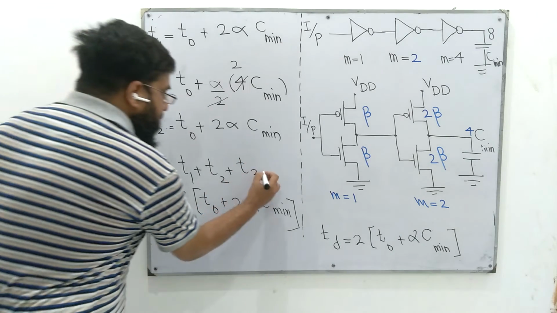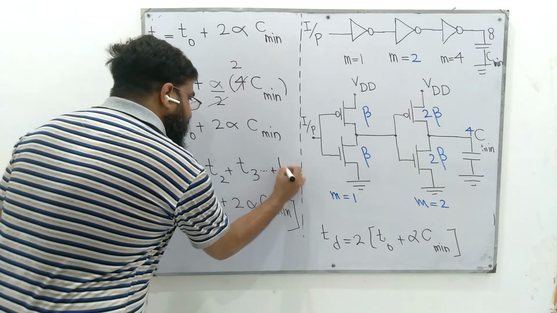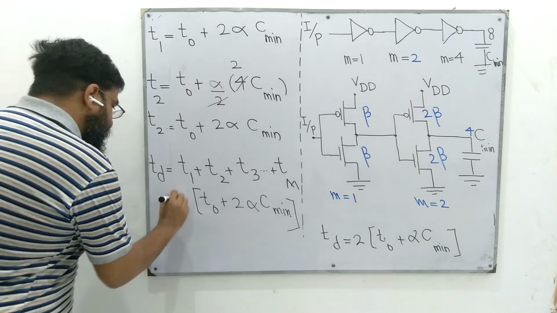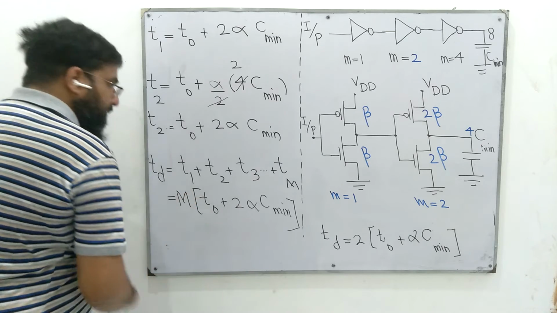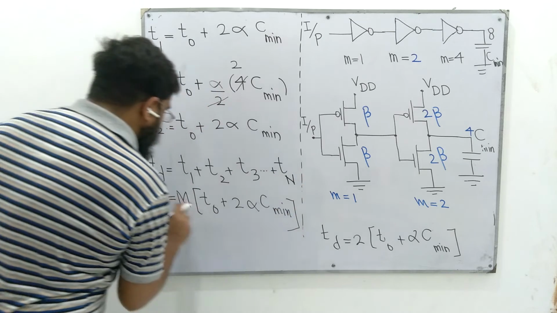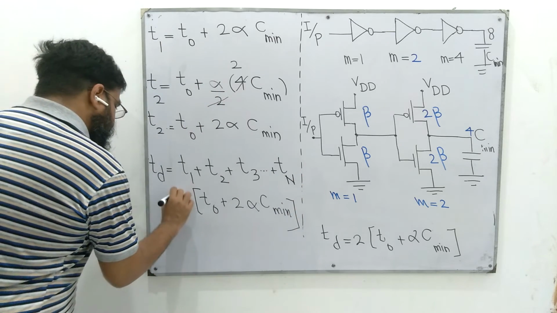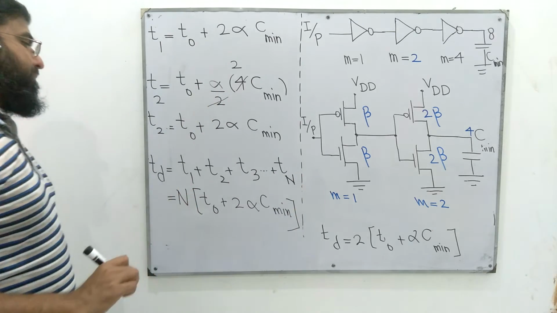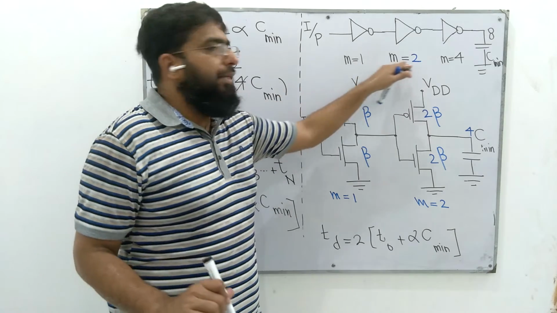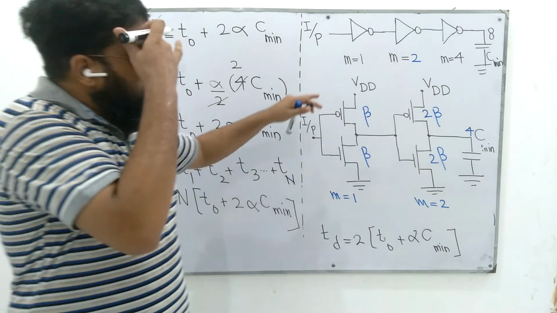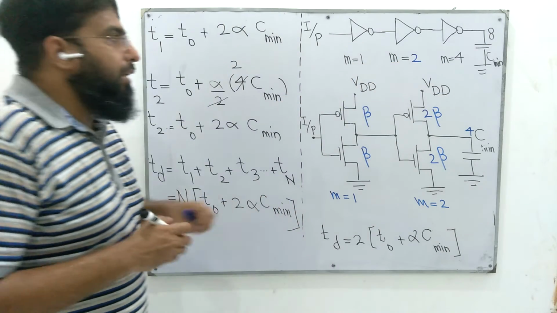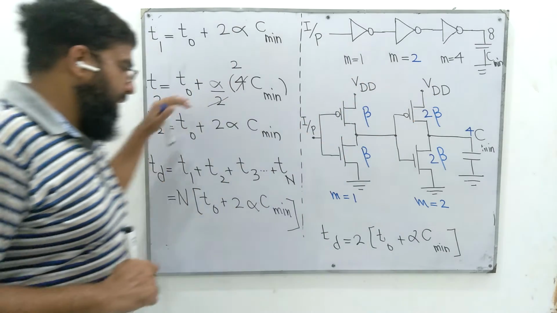And if we have N gates in the chain, in the book we call it capital N, then it is N times T. This is a very interesting expression: if we have NOT gates in the chain with increasing order of scaling factors, the delay caused by each gate is the same.